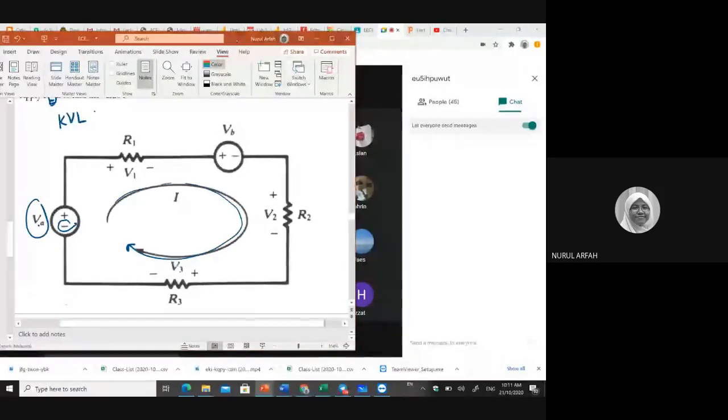So negative VA, then entering VA you see a negative potential, and then plus V1, then plus VB, now plus V2, plus V3, equal to 0.